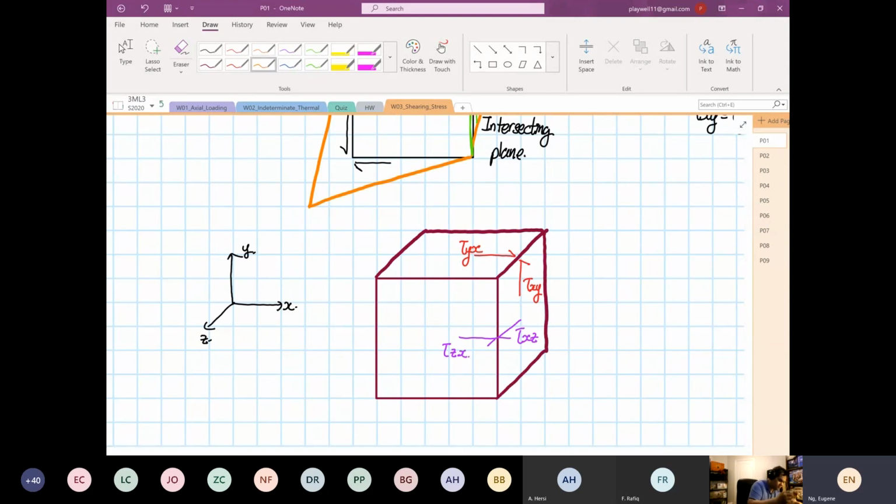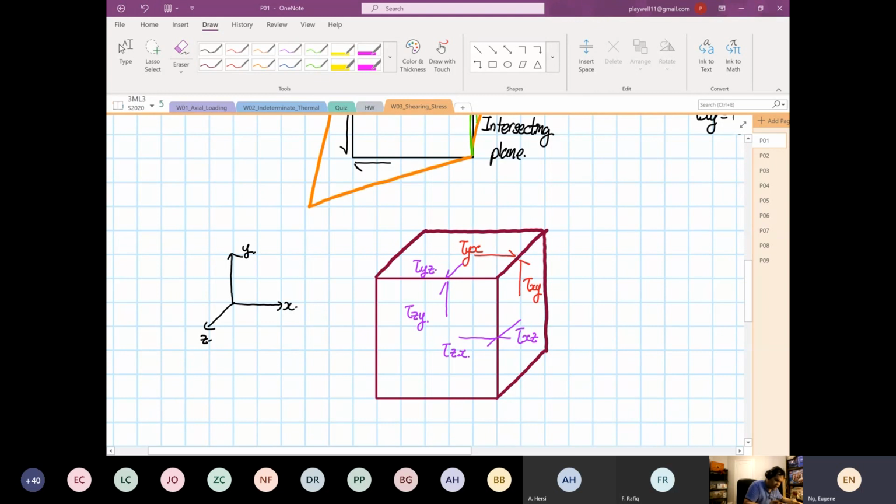The last one which I'm going to draw. So this is shear intersecting plane Z in the Y direction, the shear stress in the Y direction. So the other side is a shear intersecting plane Y and it's acting in the Z direction.